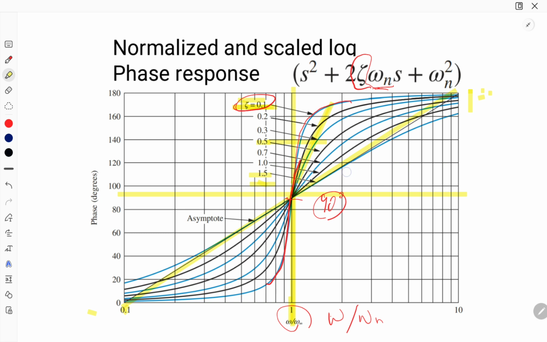It depends on drawing the phase shift, whether it is more abrupt, really fast, in a general shape-wise sense, or very relaxed, closer to the asymptote, and that's depending on the value of zeta. Higher, closer to the asymptote, lower, closer to this vertical.